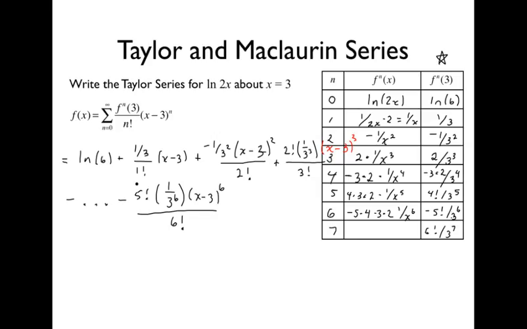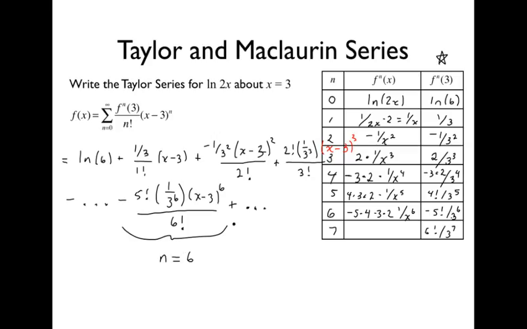That'll be the last one we do. So plus dot dot dot. This one will really help us get that formula, right? So this is for n equals 6. We're going to simplify this, and then generalize it for any n.